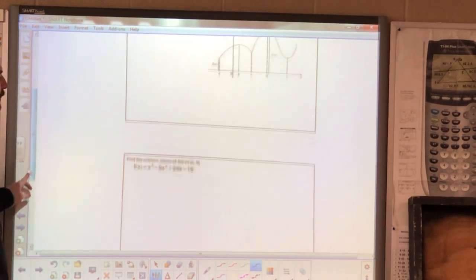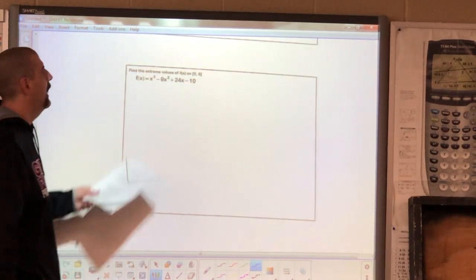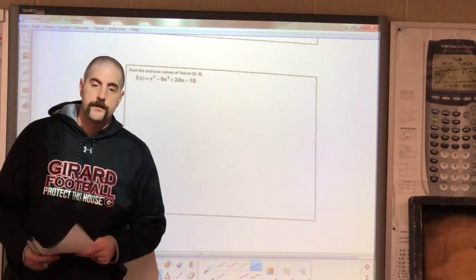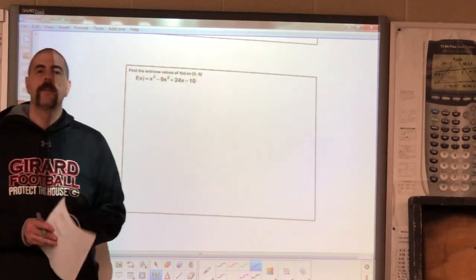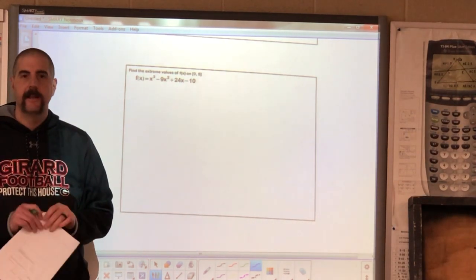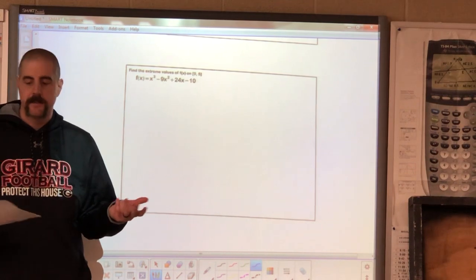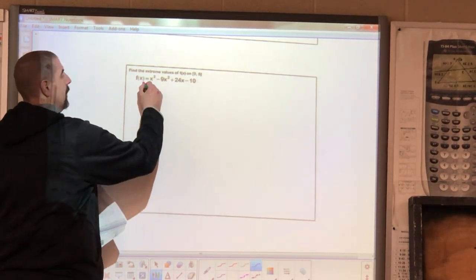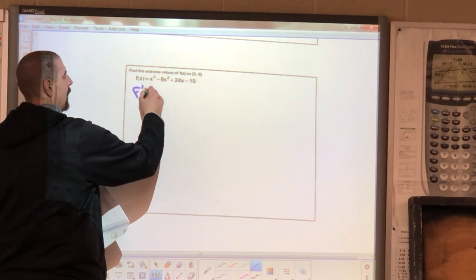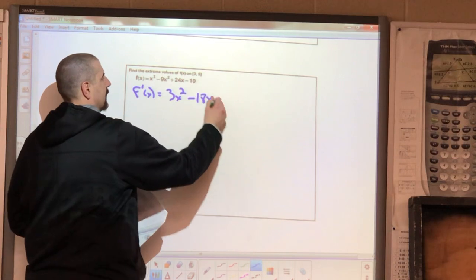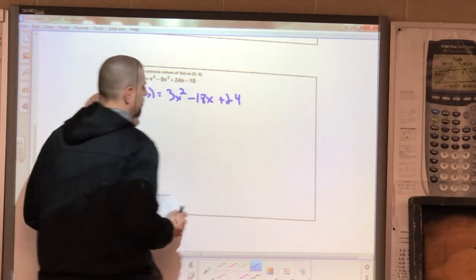All right, now, we're going to find the extreme values of f of x on 0 to 5 of this function. Now, this is a much easier function, but we're going to find all the extreme values, meaning we're going to find all the local and absolute maxes and mins. All right, so when in doubt, take the derivative, set it equal to 0. So you're going to get f prime of x is equal to 3x squared minus 18x plus 24.